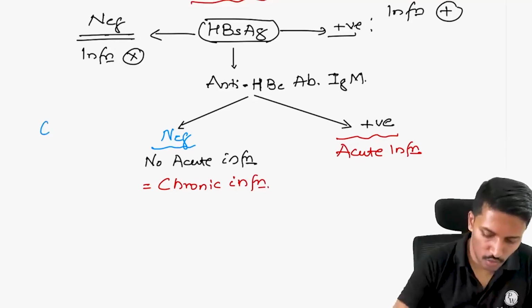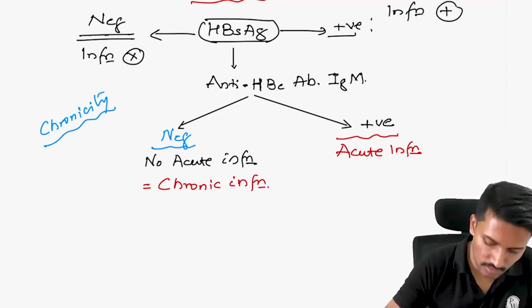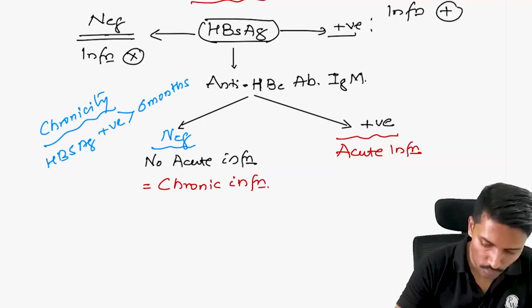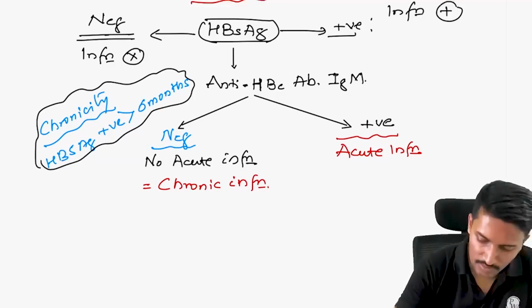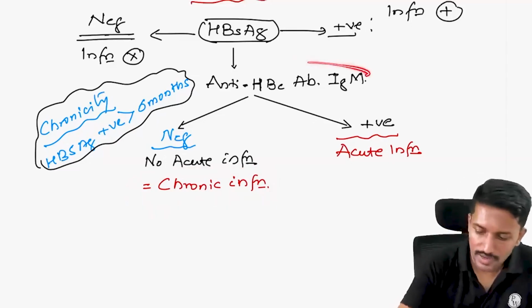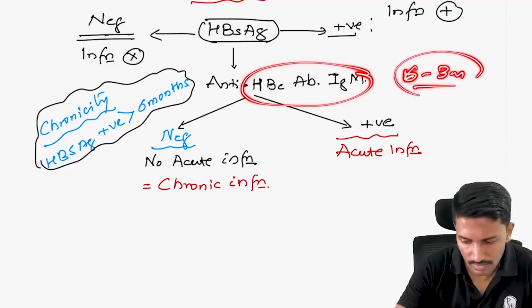Here, please remember, chronicity is technically defined as HBsAg positive status for more than 6 months. If it is for more than 6 months, then I would call it chronic hepatitis. That's why I did not directly call it chronic here, because this anti-HBc IgM may stay positive for 6 weeks to 3 months and after that it disappears.